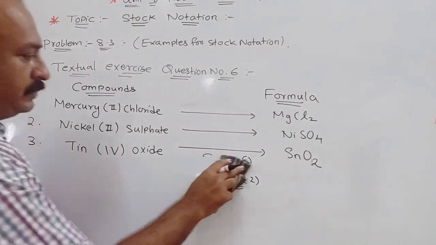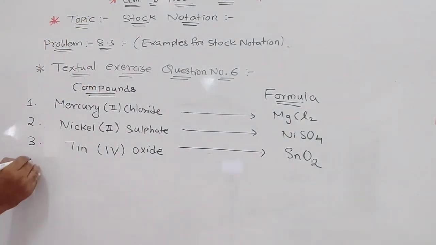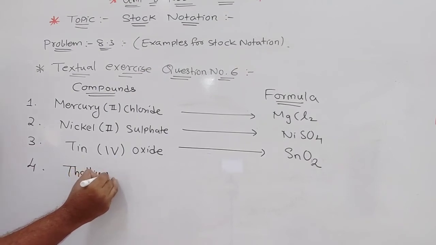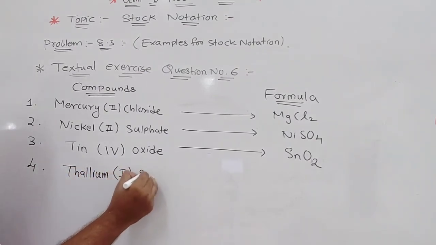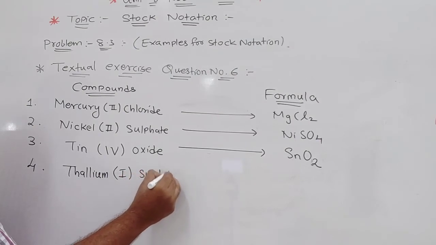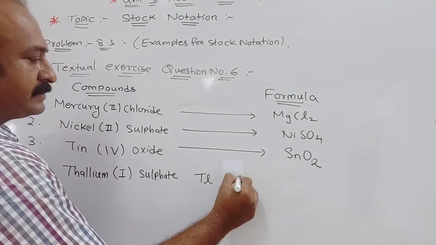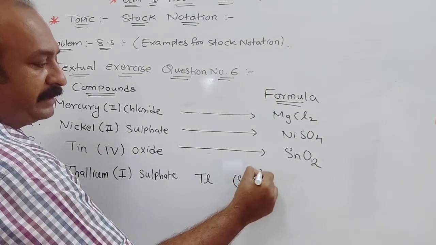Now the next one. Fourth one, thallium sulfate. Thallium oxidation number is given 1, and sulfate. Clear? Now when we write thallium, thallium means Tl, and sulfate again I told you is -2. It's a polyatomic ion.